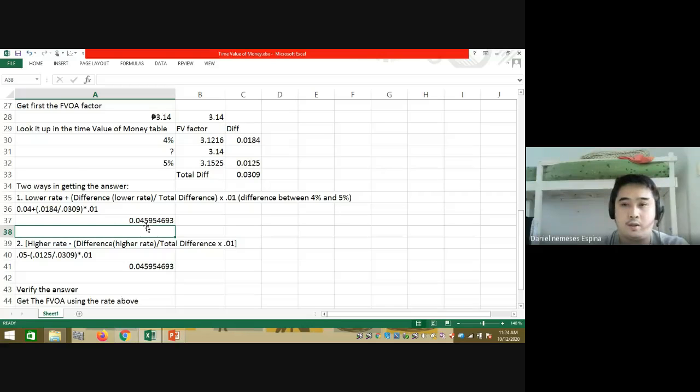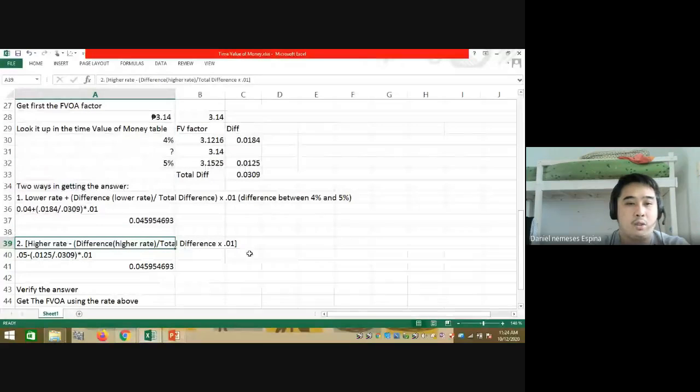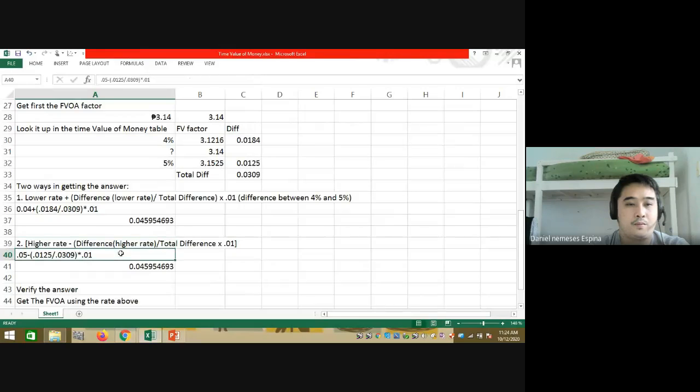If you use the higher rate, instead of adding you subtract. So the higher rate minus the difference over the total difference, multiply it by 1%. Okay? Or substitute.